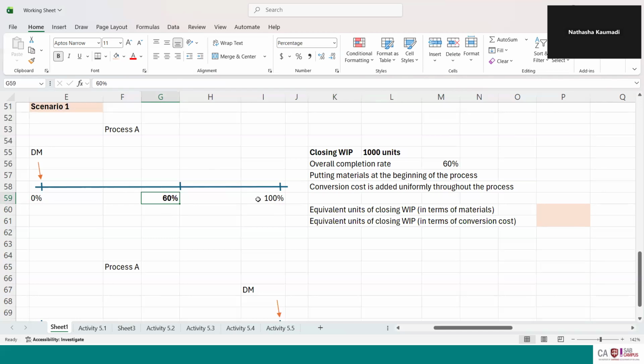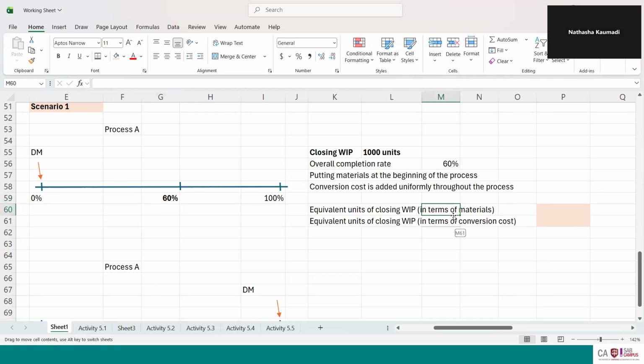When are we going to add the materials to the process? At the very beginning. Now tell me, if we are putting all the materials into the process at the very beginning, when you reach the 60% completion rate, what is your completion rate of 1,000 units in terms of materials?